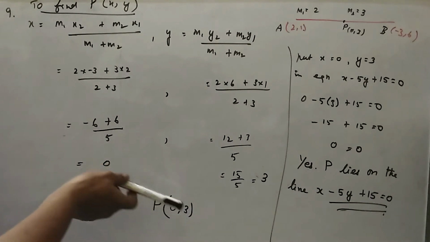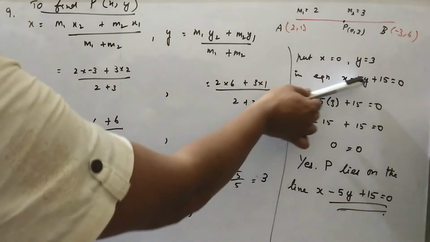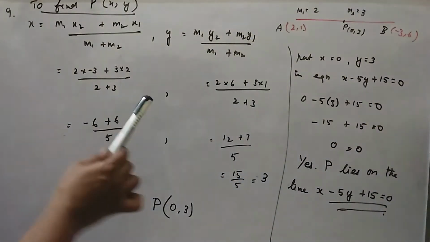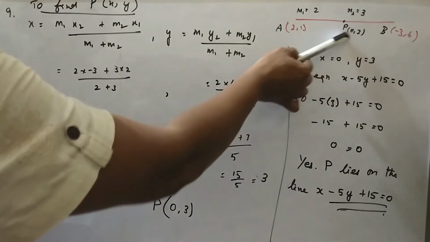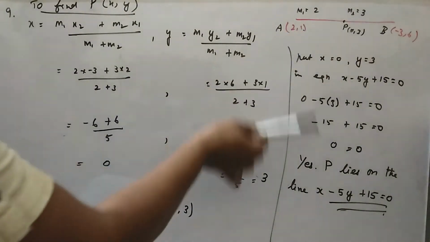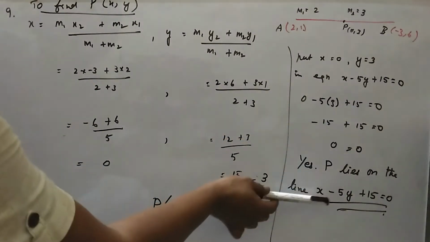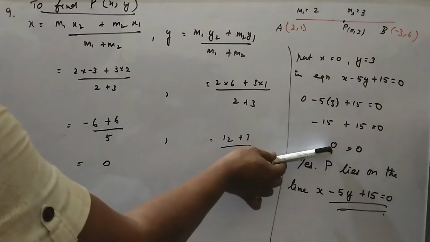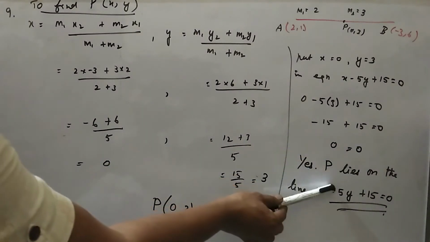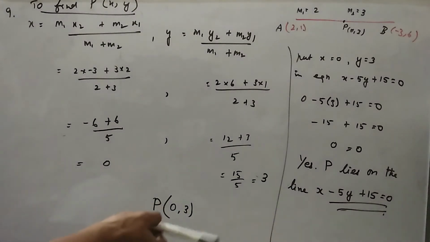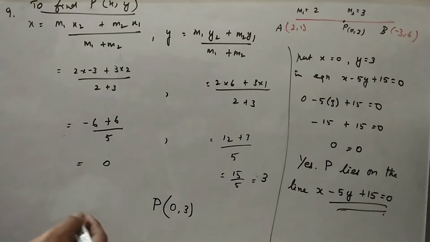Next, they asked whether this point P lies on the line x minus 5y plus 15 is equal to 0. So you have to take x is equal to 0 and y is equal to 3 of point P. Then put the x value and y value in the given equation. And now it is satisfied. Left hand side is equal to right hand side. Therefore you will say yes, P lies on the line x minus 5y plus 15 is equal to 0.